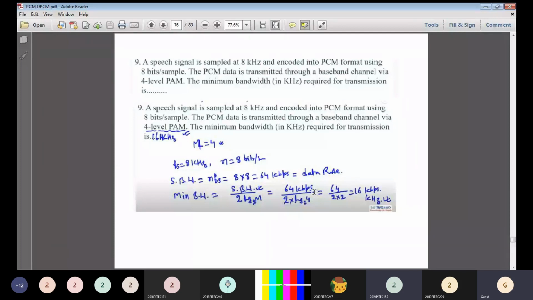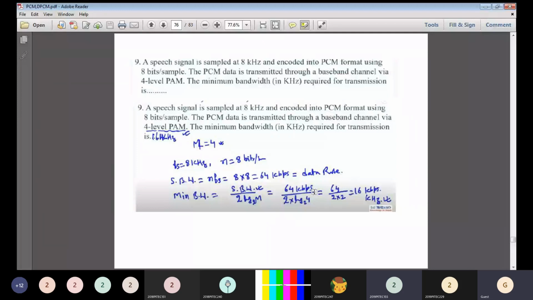A speech signal is sampled at 8 kilohertz message signal frequency and encoded into PCM format using 8 bits per sample. The value of small n is 8 bits. The PCM data is transmitted through a baseband channel via 4-level. So, the quantization level M value is 4. The minimum bandwidth in kilohertz required for transmission is what?